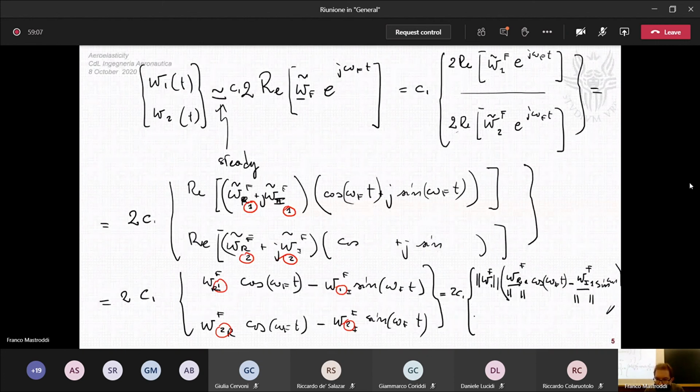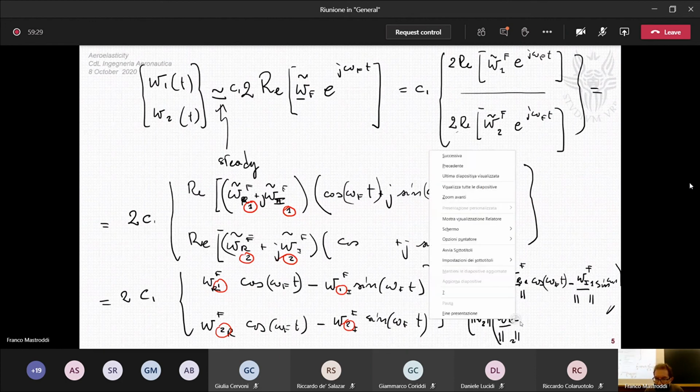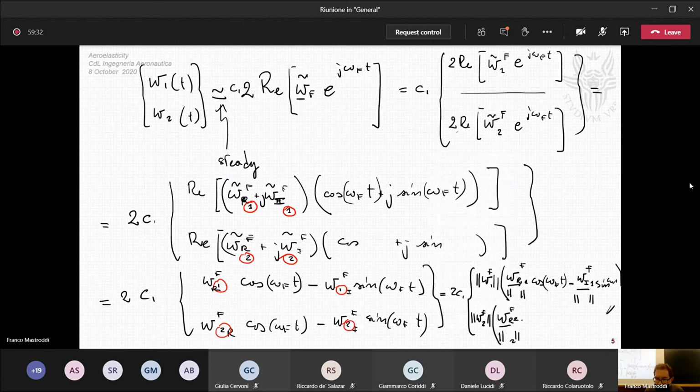The same down here: we can collect this amplitude here, and then we have the real part of the flutter divided by the amplitude of the second component times the cosine omega flutter t minus the imaginary part of this flutter 2 divided by the amplitude times the sine.